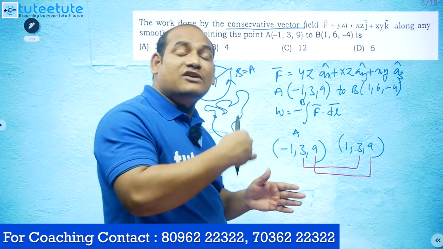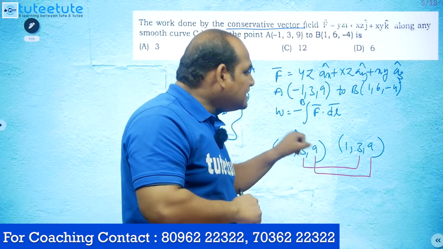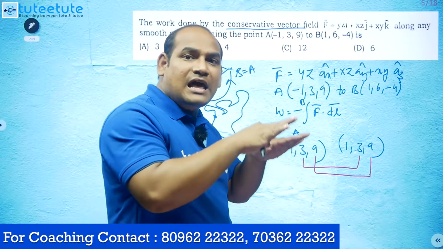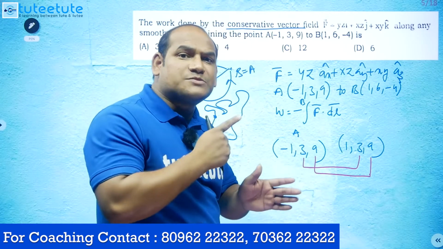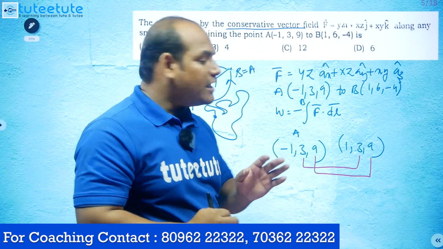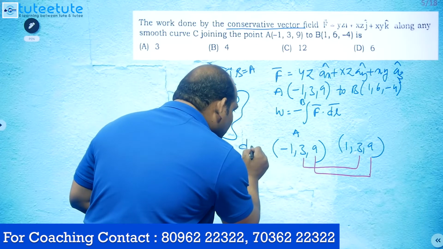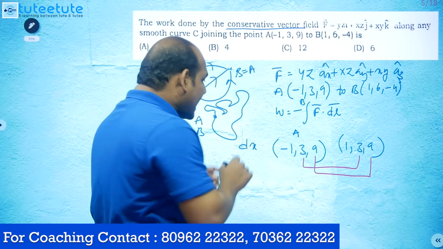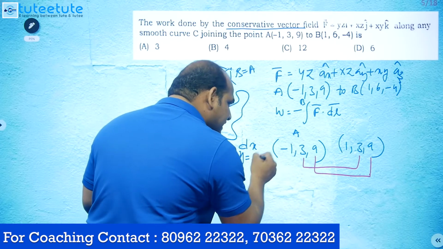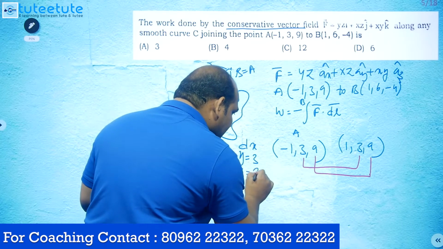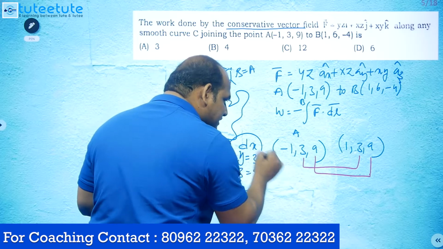There is no movement of the charge in the y direction and in the z direction. It has been at y equal to 3 and z equal to 9 only, but it has been moved in the x direction only. So what is available here? Only dx is available, and by maintaining this dx, we have y fixed at 3 and z fixed at 9. This was related to this particular thing.